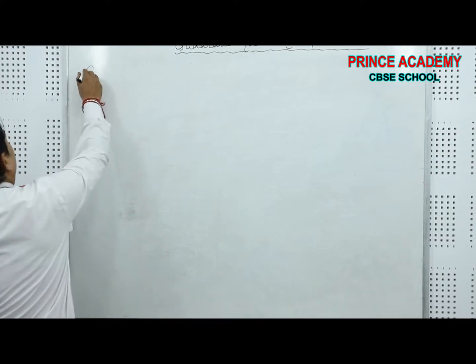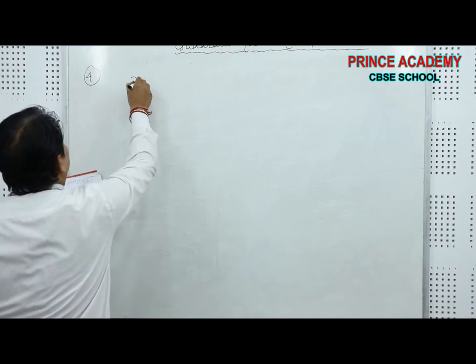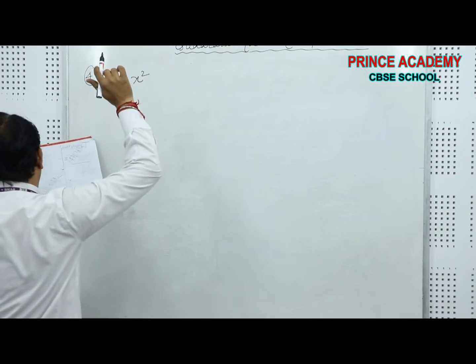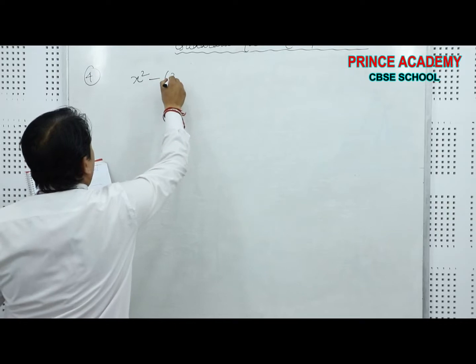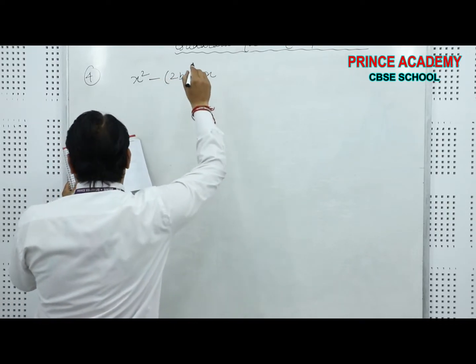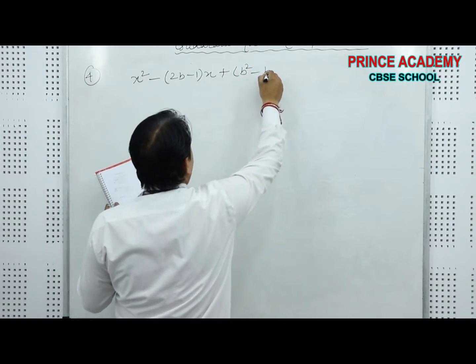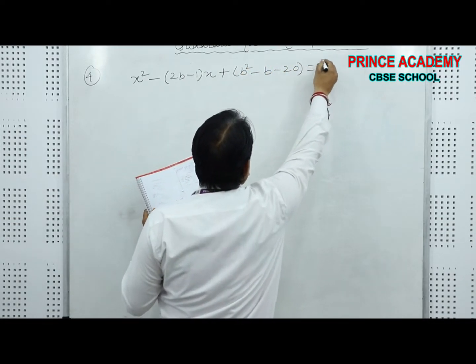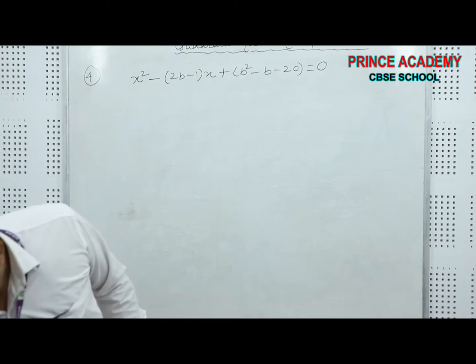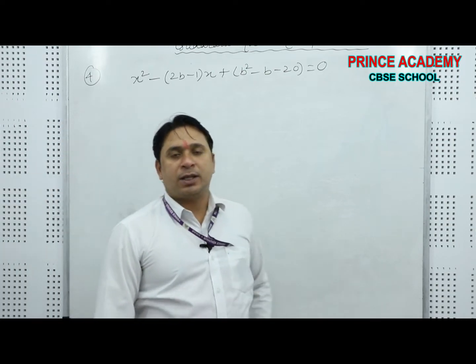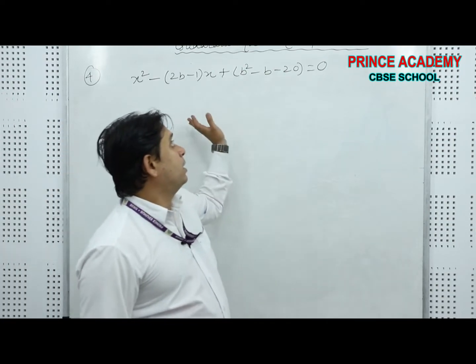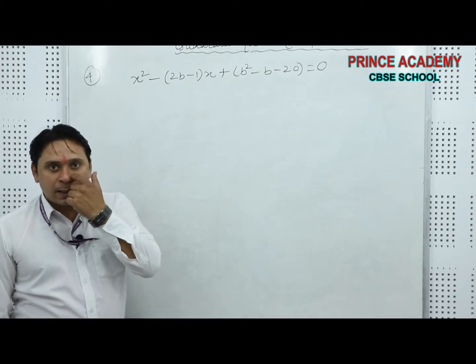Question number 4 we are going to discuss is, see beta, once again same criteria, x square minus 2 into b minus 1 into x plus b square minus b minus 20 is equal to 0. Okay, yes or no? This is the formula. This is the equation. Now once again we can use this.